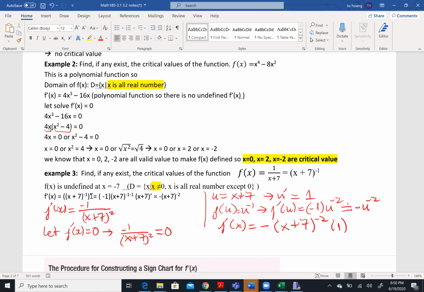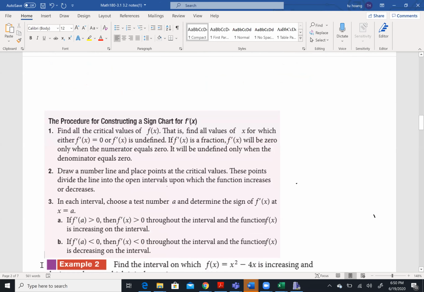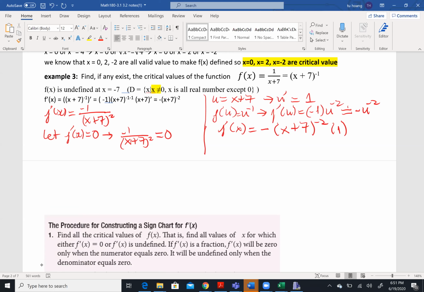I'm going to have one more step. In order to solve a rational equation, I'm just going to let the numerator equal 0, right? So you see that -1 equals 0, no solution.